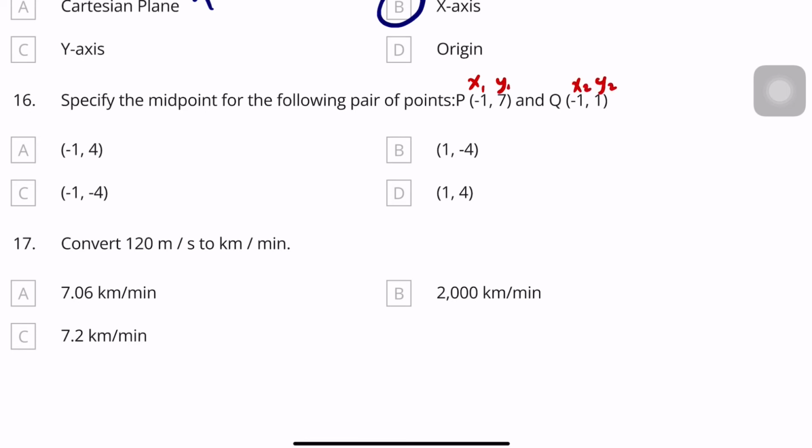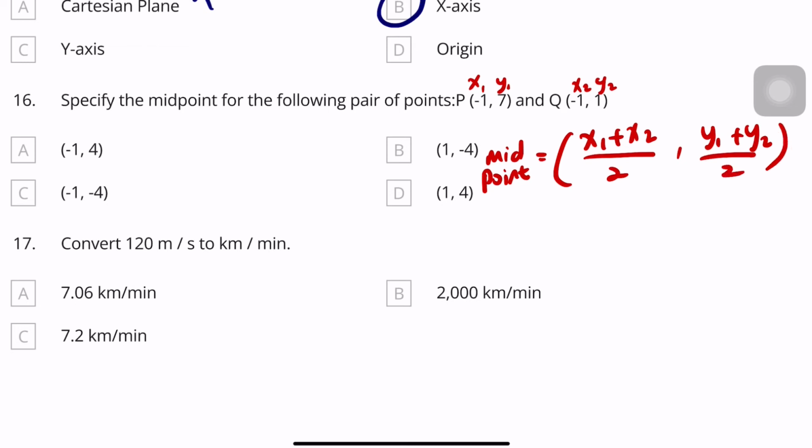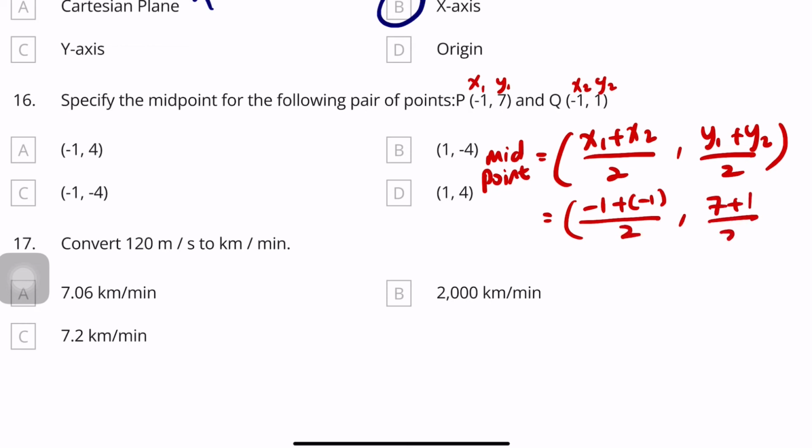Then you substitute the values into the formula of midpoint, which is x1 plus x2 over 2, y1 plus y2 over 2, because we want to find the mid values, so that's why we add these two values and then divide by 2. So x1 is -1 plus -1 divided by 2, and then we have 7 plus 1 divided by 2.